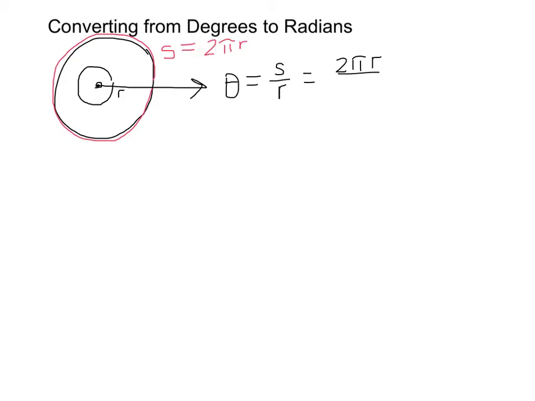We don't know the radian measure, but we know that it's R. And if you notice, our units, our radius, cancel out, and we're left with 2 pi. So that means that one complete rotation measures 2 pi radians.